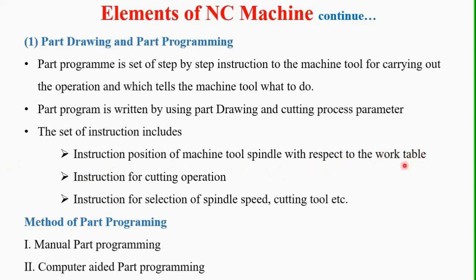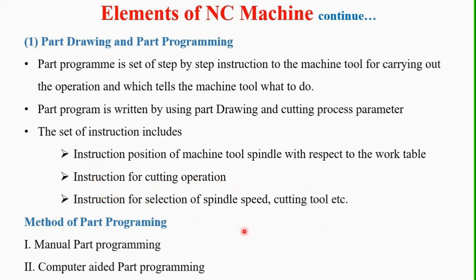So this relation between the work table and the machine tool spindle is provided through this NC. Then there are instructions for the cutting operations, and instructions for the selection of the spindle speed and cutting tool, etc., also given in this programming.